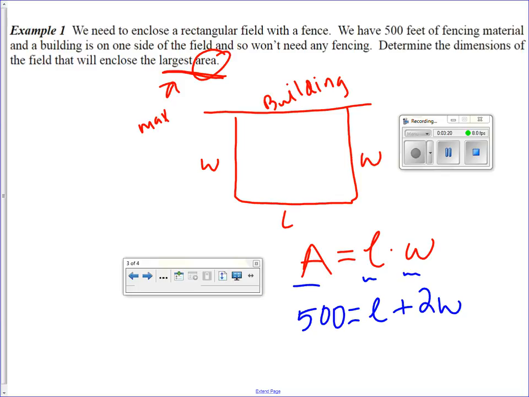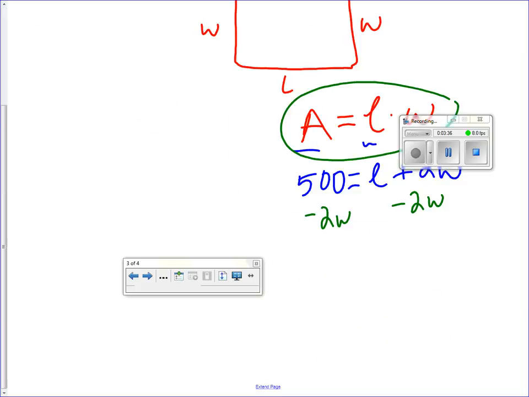So what I need to do is change my primary equation so that it only has an L or a W, and it really doesn't matter here. So I'm going to solve this 500 equation, the secondary equation, for 1 variable. I'm just choosing L. It doesn't matter what choice you make here.